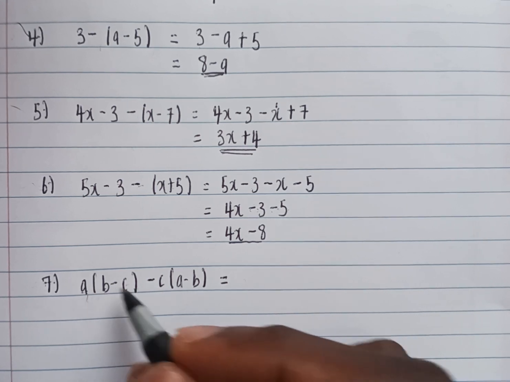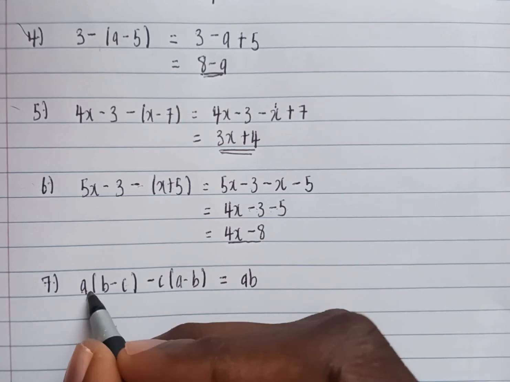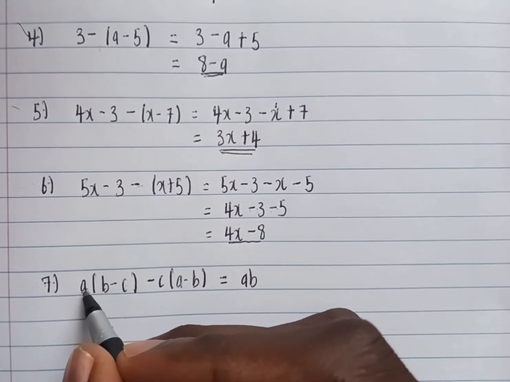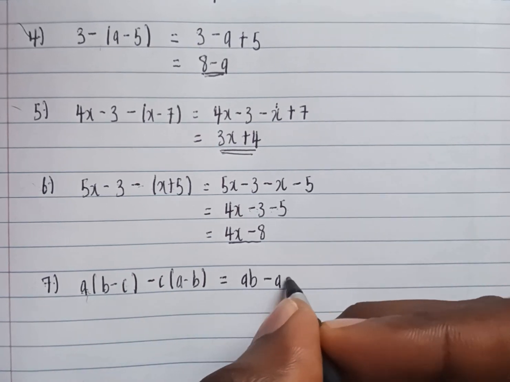So I have A times B, which gives me AB, and A times minus C, that is minus AC.